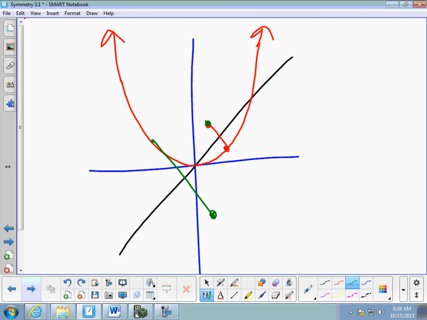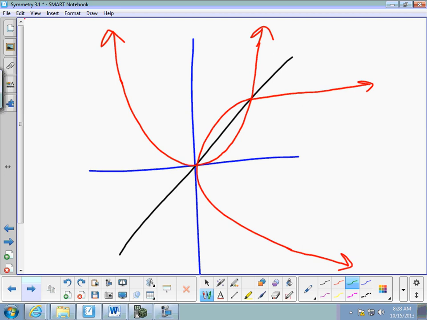And if I do enough of those, by the way, if I'm right on the line, it doesn't go anywhere. So that point doesn't go anywhere. This point doesn't go anywhere. Go straight across. And if you do enough of those, you'd get something that looks like that. Now, like I said, there are very few graphs that are symmetric with respect to the line y equals x.